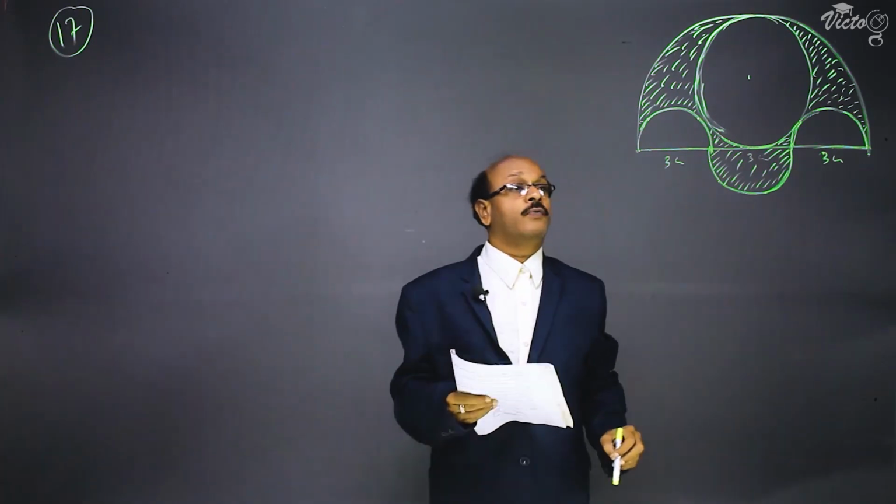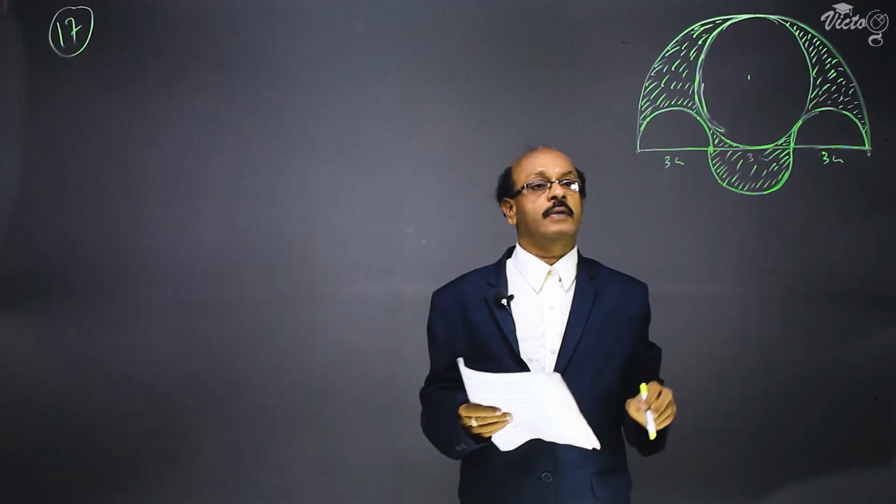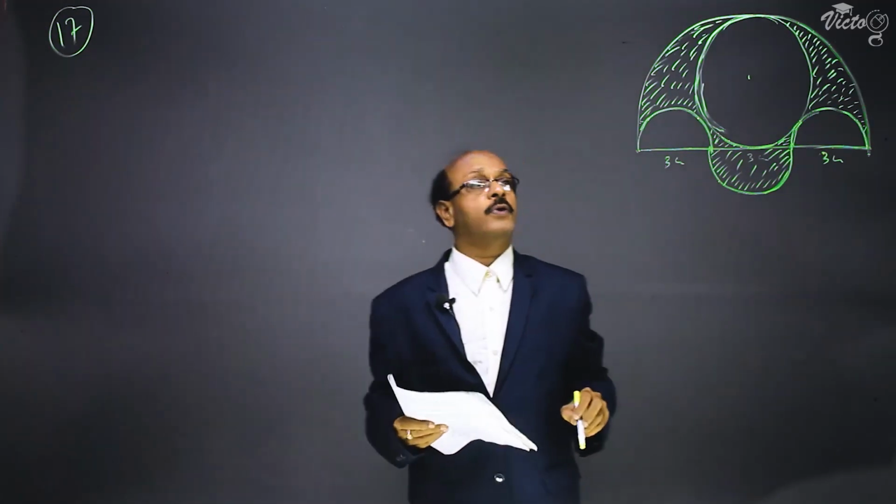For that, first of all, find the area of the large semicircle with the radius 4.5 centimeter.